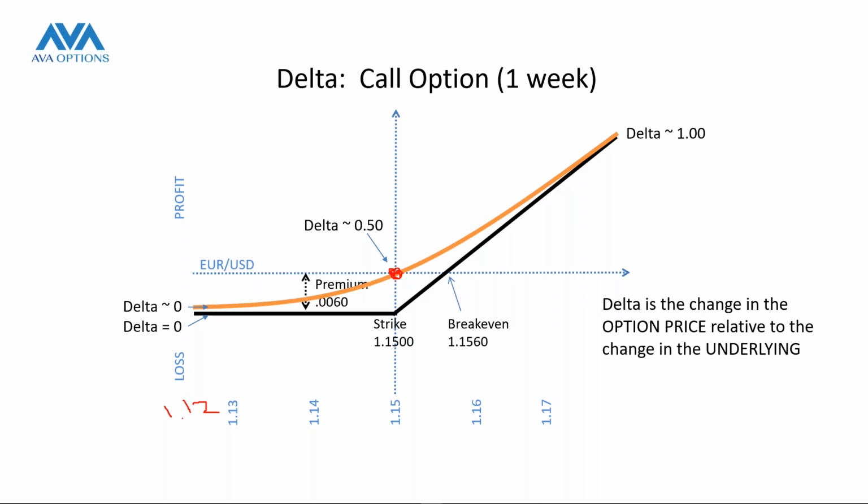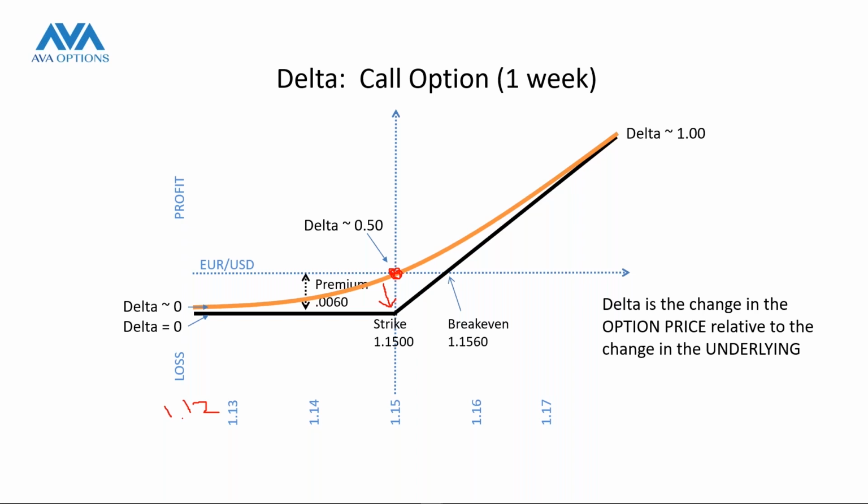So the sensitivity of the option price relative to the underlying is 50%. And as time goes by, this orange line, which is showing us the value or the profit and loss of the option today, is going to drift down and approach the black line, which is the expiration value. I'm going to show that to you when I open up the app and show you an exact example. So the delta today is around 50% at the money.